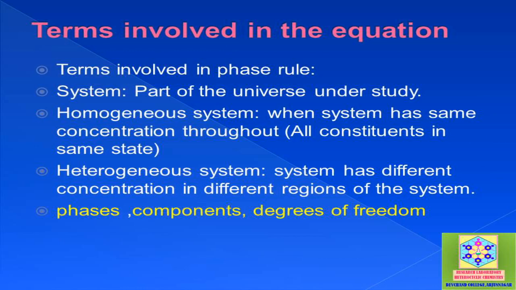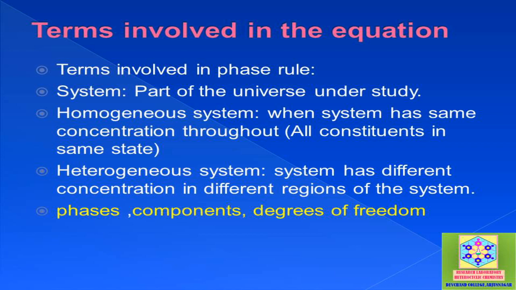So we are going to see the terms involved in the phase equation or phase rule. System is nothing but the part of the universe which is under our consideration, which we are going to study. Homogeneous system and heterogeneous system, just now we have defined these two types of systems.